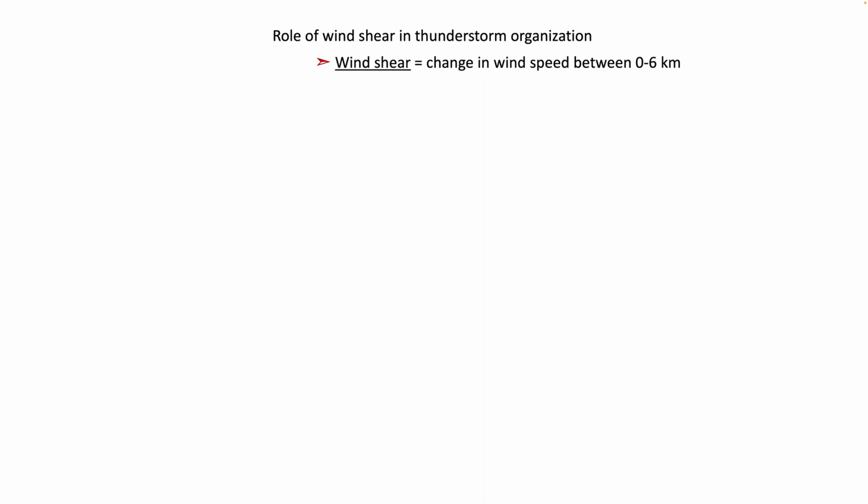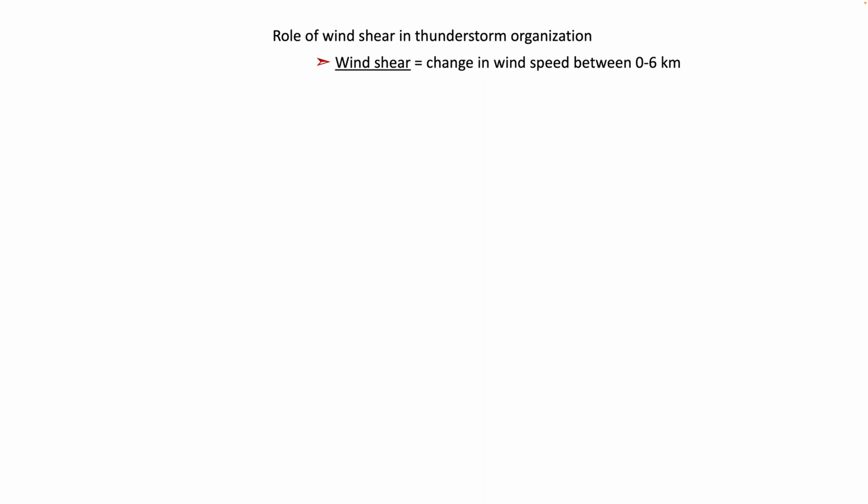That distance could be horizontal, like it is when we're talking about shear vorticity in chapters 12 or 13, or it can be vertical when we're talking about thunderstorms and severe weather here in chapter 9, as well as in chapters 14 and 15. So for our purposes, when we're talking about thunderstorms, we're going to be talking about wind shear in the 0 to 6 kilometer layer. So we're going to be talking about how wind speed and/or direction changes in the 0 to 6 kilometer layer.